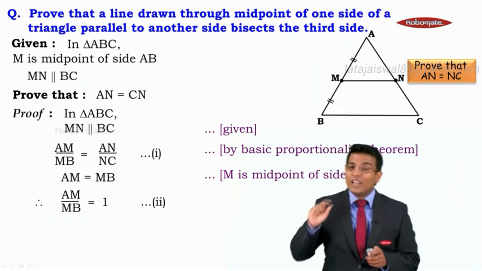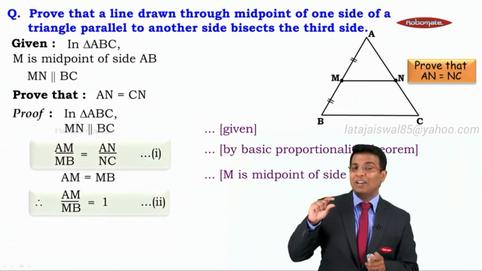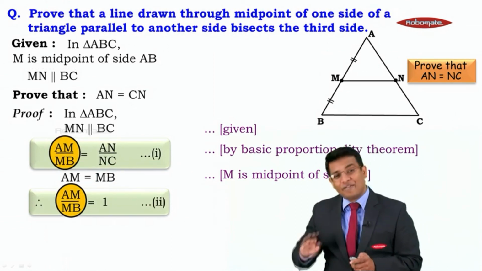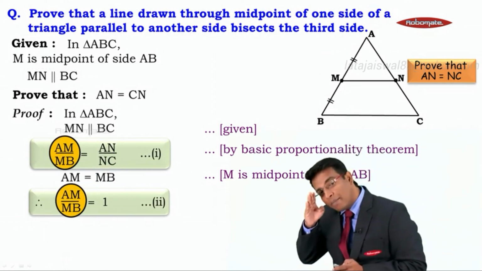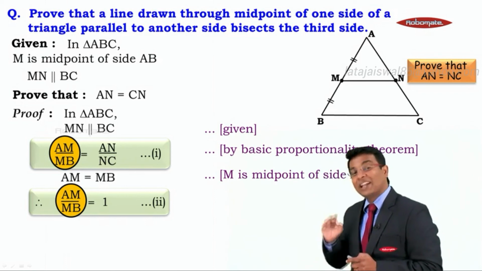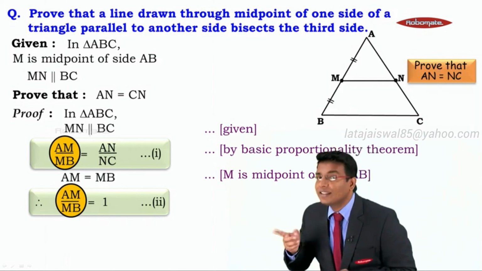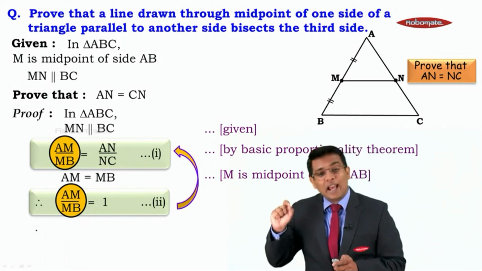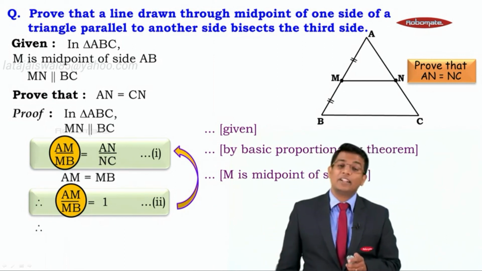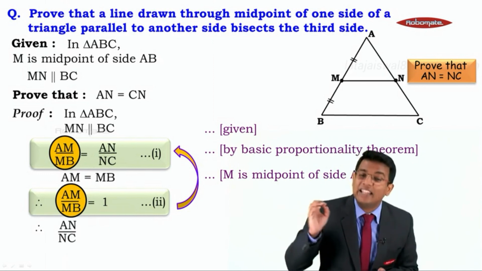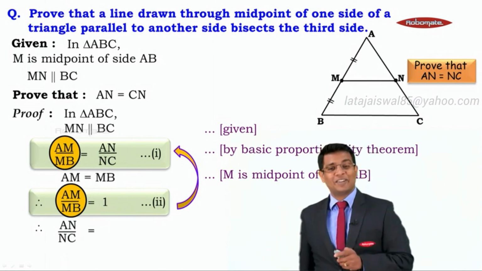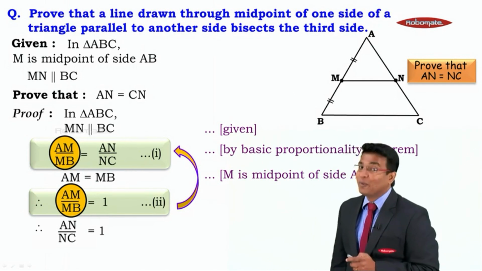Beautiful. Now once we have AM upon MB equal to 1, observe the first statement and the second. The left hand sides, AM upon MB and AM upon MB, are equal. Left hand sides being equal means the right hand sides will also be equal. That means AN upon NC, the right hand side of statement number 1, is equal to the right hand side of statement number 2, that is 1. Beautiful.